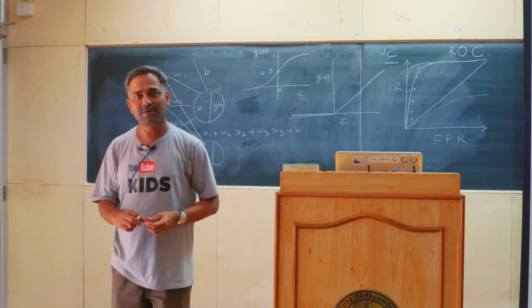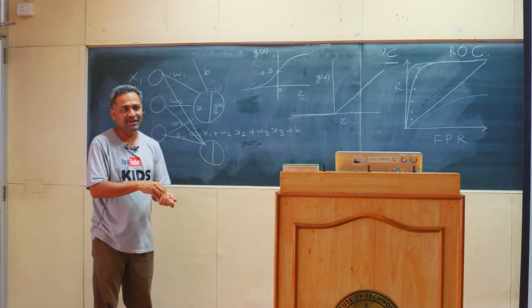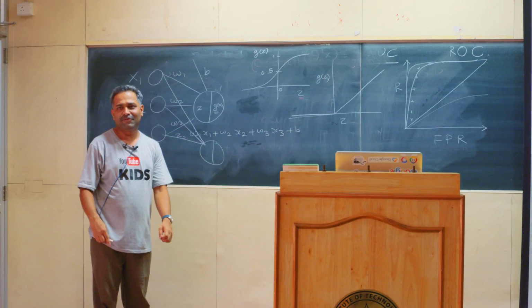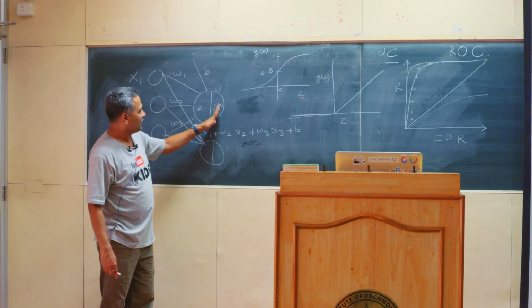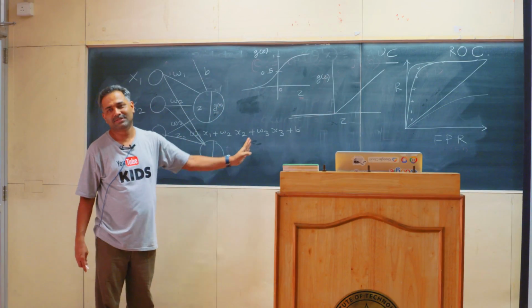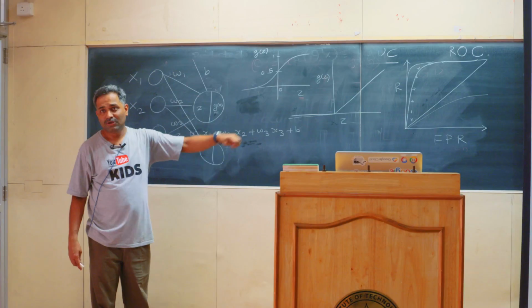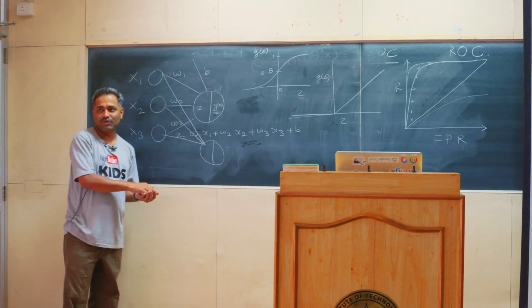Otherwise, imagine if this G is a linear function, we wouldn't be able to learn any nonlinear functions, because a linear function with a linear activation still remains linear. So the nonlinearity in a neural network comes from the nonlinear activation.